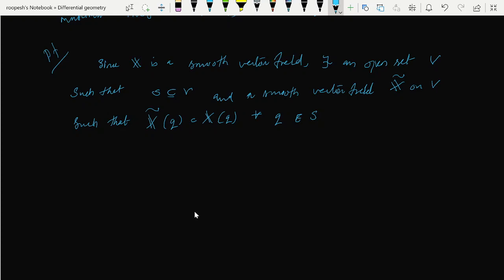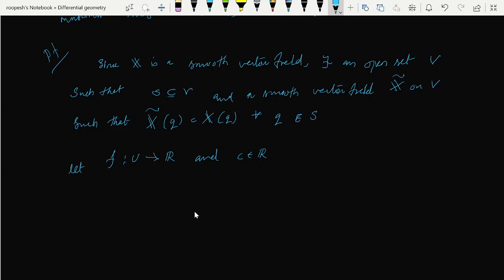Q belongs to S. Now let F from U to R and c belongs to R be such that S is equal to F inverse of c, and del F of q is not equal to 0 for every q belongs to S. They give me that S is a surface, so we want to represent S as some level set.